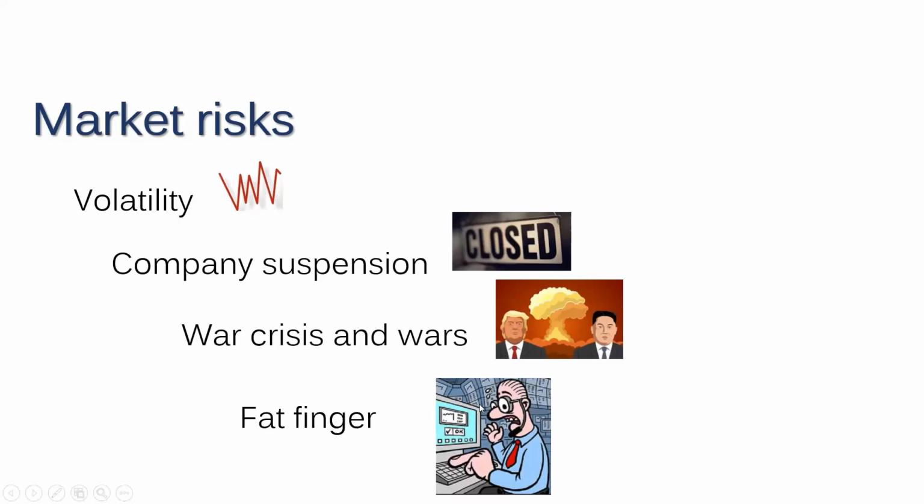And then we have the fat finger, which I haven't seen in a couple of years. But a fat finger is where a hedge fund puts a couple of extra zeros when buying or selling or short selling a market.